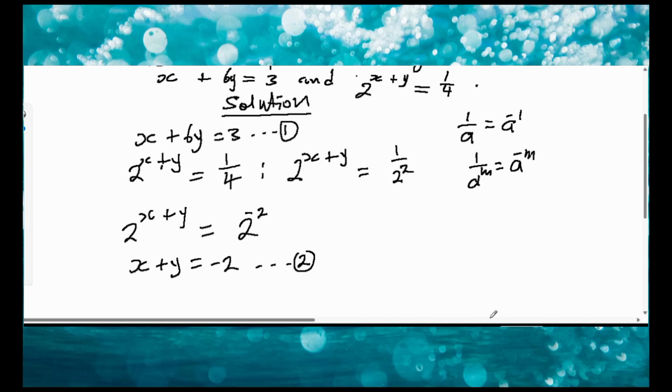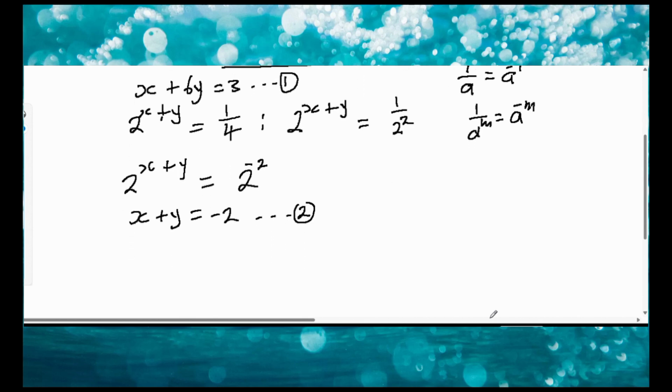So that's our equation 1, x plus 6y equal to 3, and then our equation 2, x plus y equal to minus 2. Now we're going to solve them simultaneously, and solving them simultaneously, we can decide to use the substitution method, elimination method, or the graphical method. But in this video we're going to use a mixture of the substitution and the elimination.